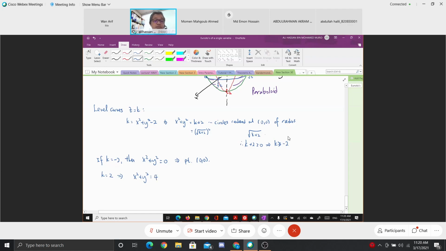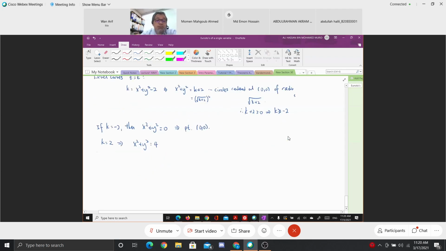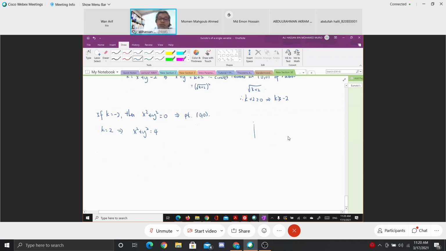So this is a circle of radius 2. We want to sketch this contour, isn't it? When k equals minus 2, it is just a point here.